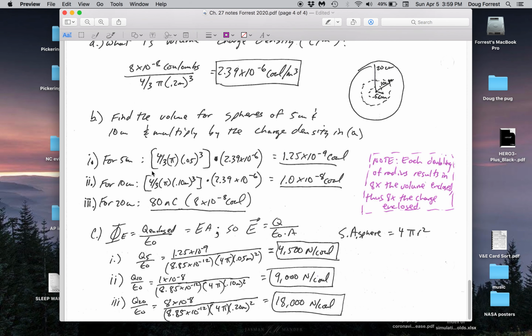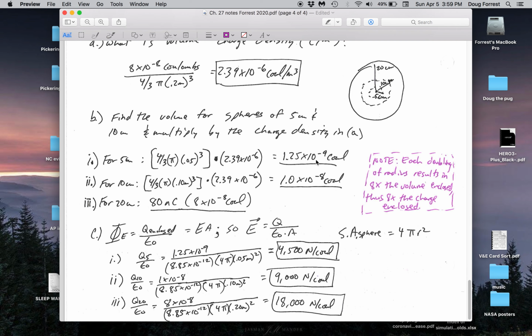So here, the volume of a 5 centimeter radius, the volume of a 10 centimeter radius, multiplied by the charge density, would give us this at 5 centimeters, and this at 10 centimeters. So notice what happens. Each time the radius is doubled, the volume increases by a factor of 8 because it's cubed, 4/3 pi r cubed. The charge is going to increase also by a factor of 8.